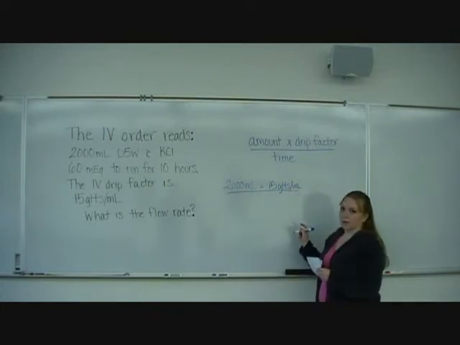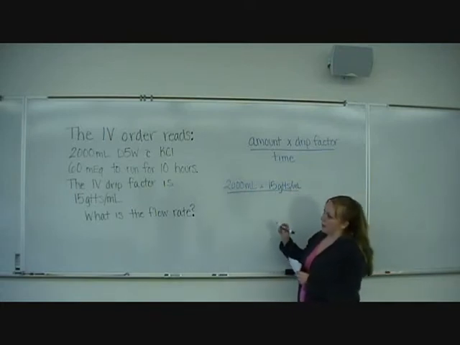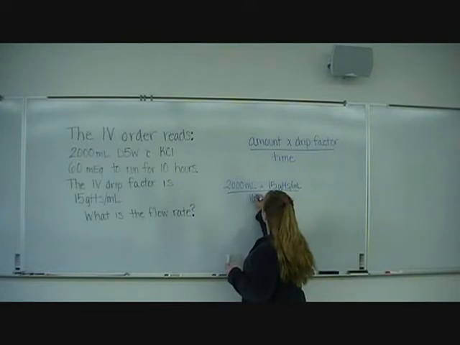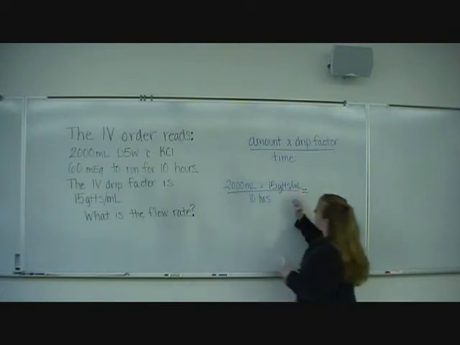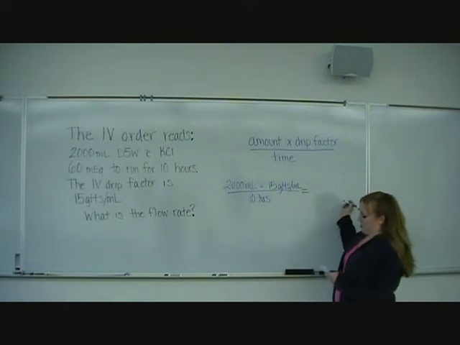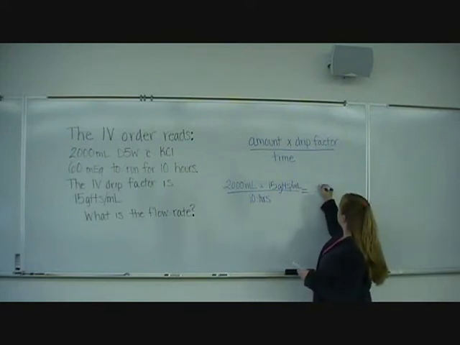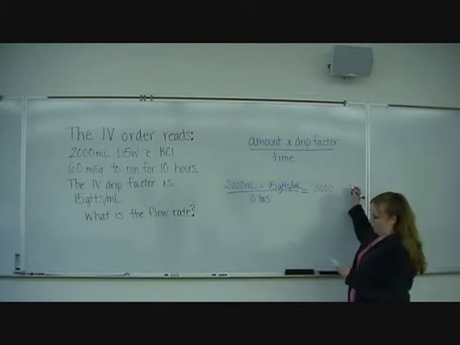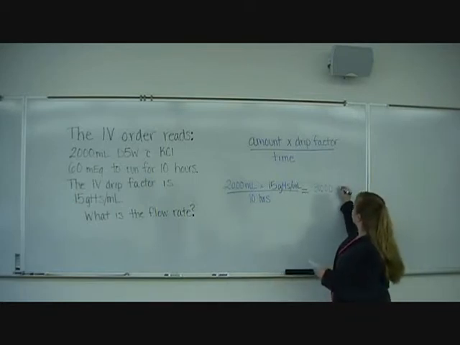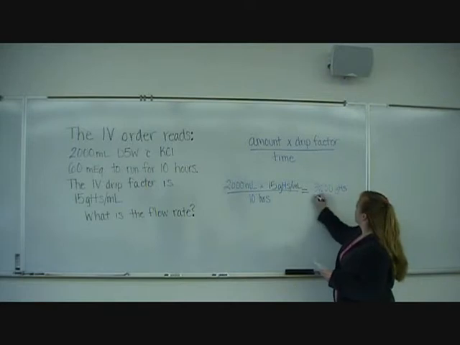And then we need to divide that by the time of 10 hours. So you multiply across the top, which gives you 30,000 drops over 10 hours.